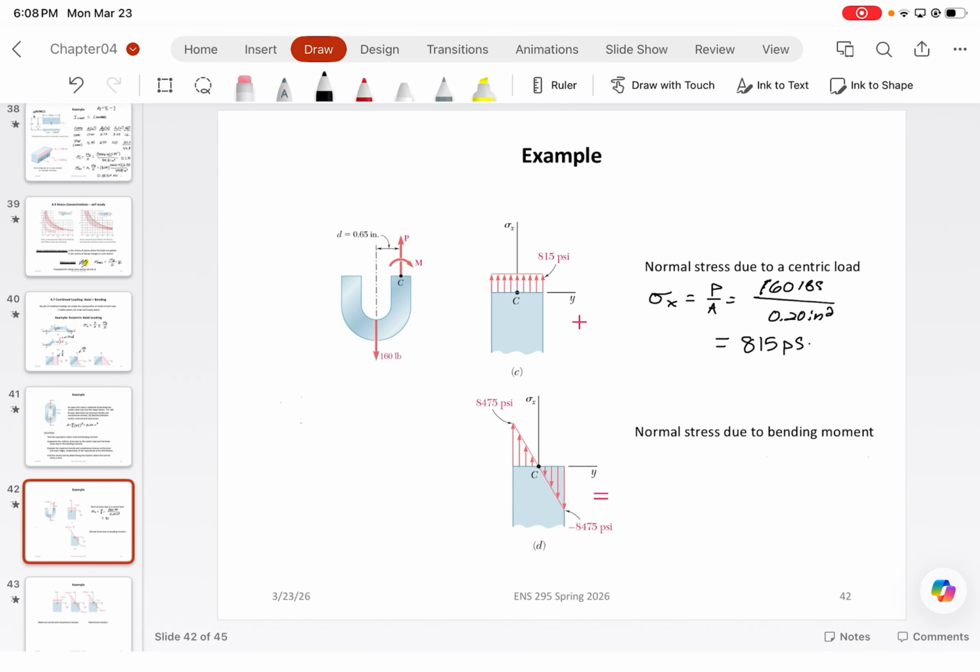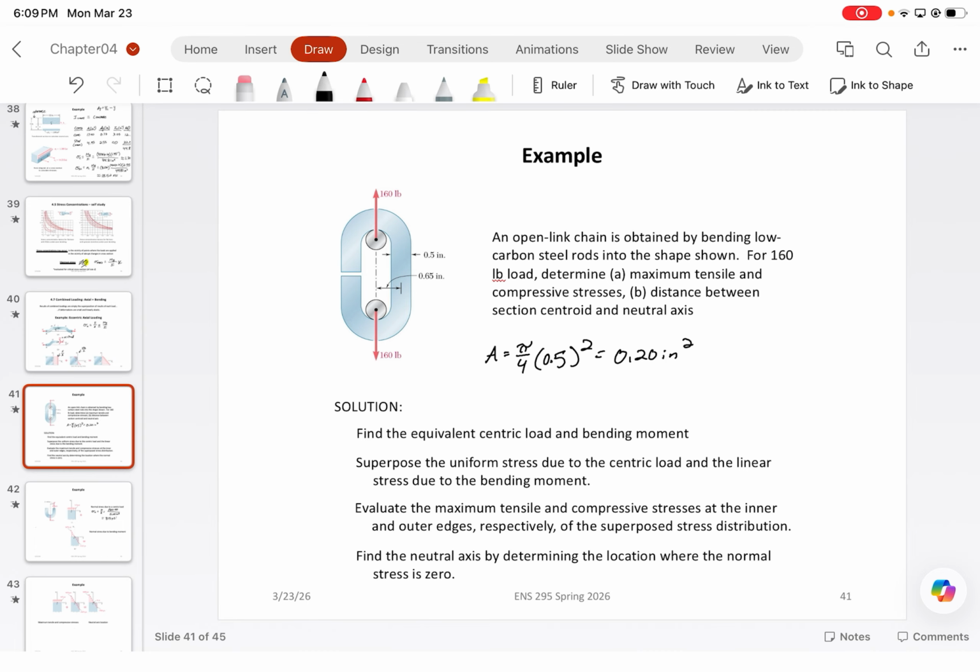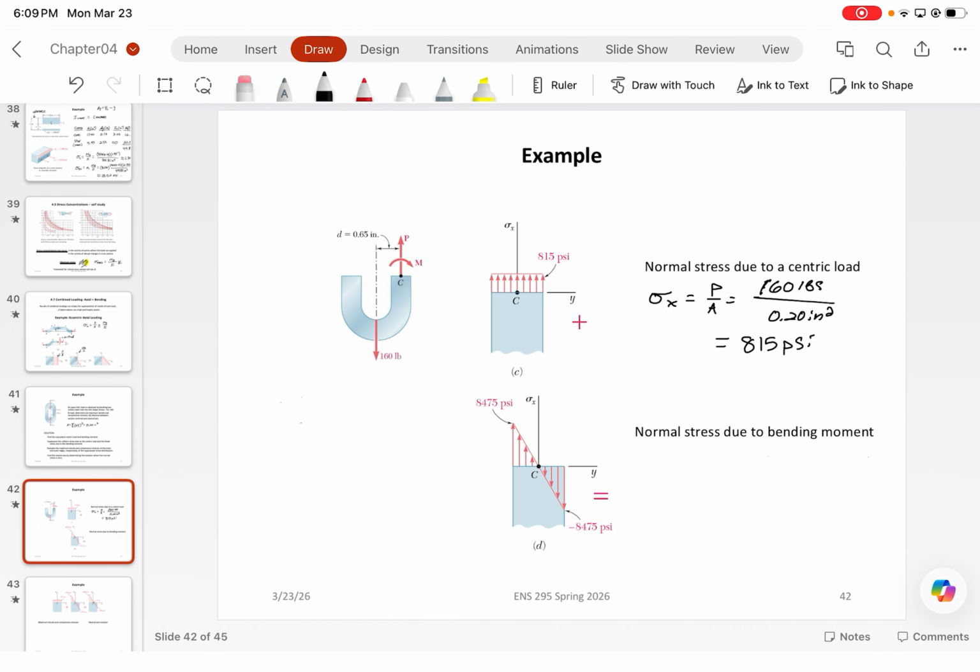Now, the normal stress due to bending, all right, what we need is an internal bending moment. This internal bending moment is just going to be equal to that 160 pounds multiplied by that 0.65 perpendicular distance, which gives us 104 pound-inches.